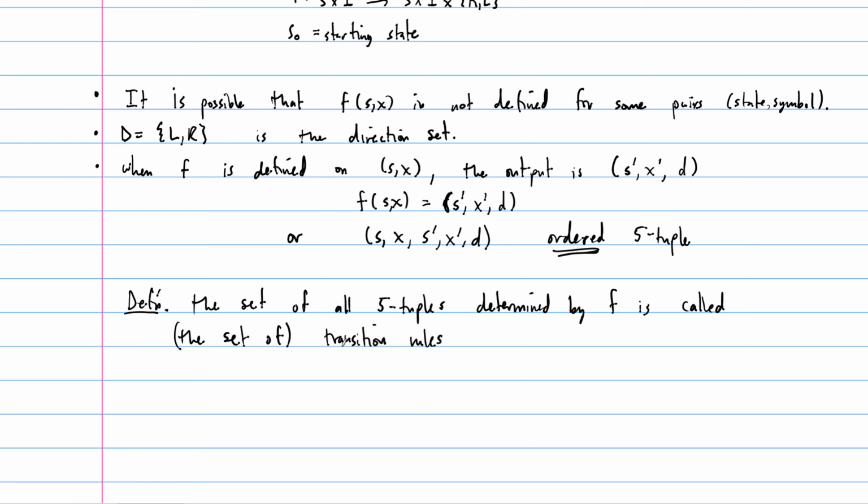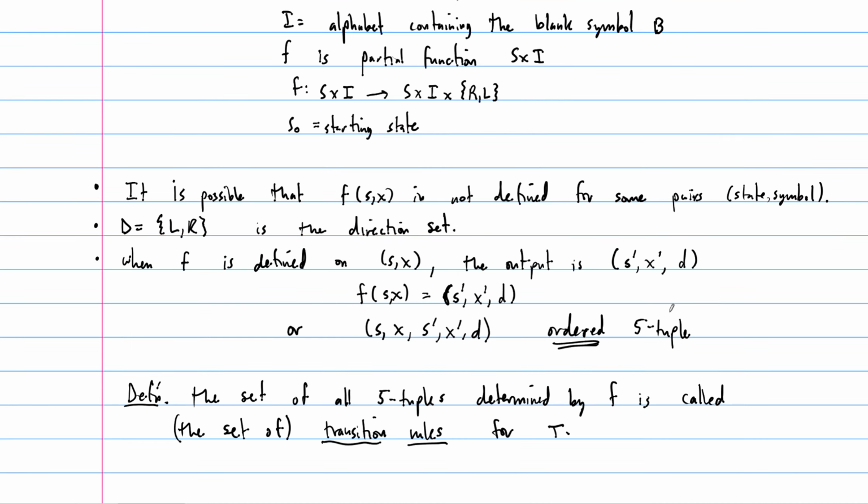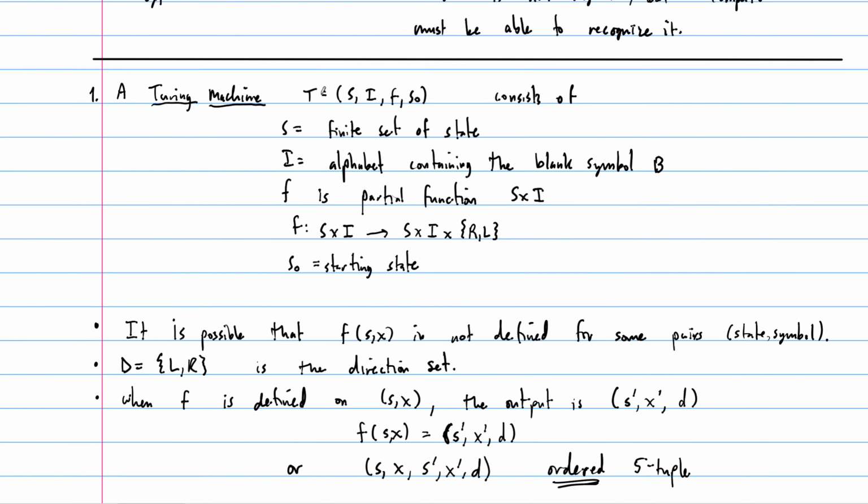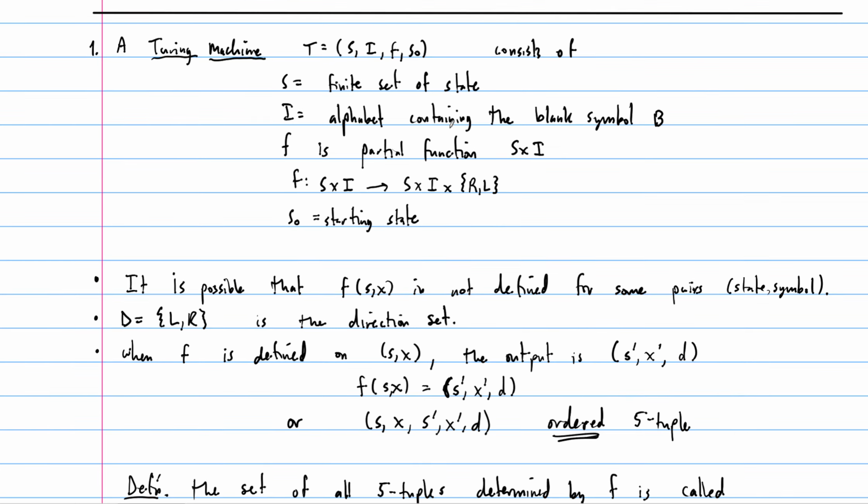Transition rules for the Turing machine. So our Turing machine we named T; if you look back up here, the Turing machine was named T. That's the set of the transition rules.